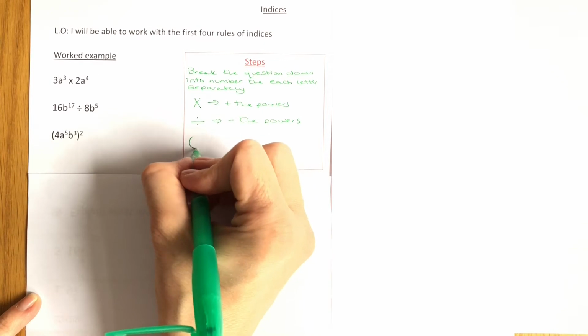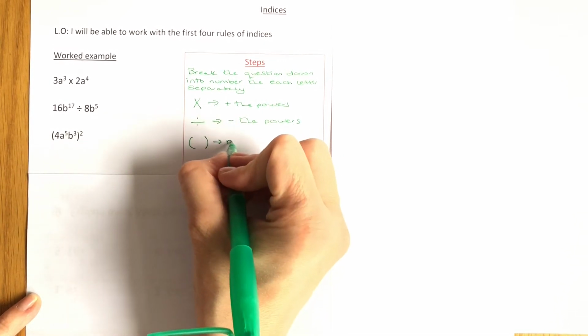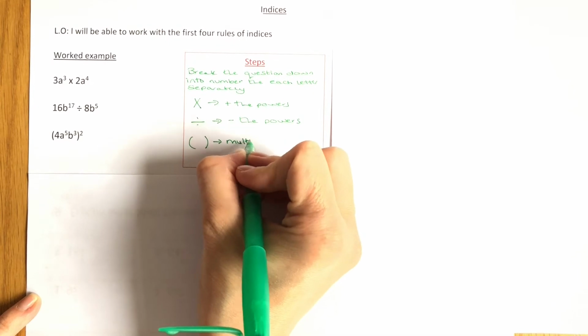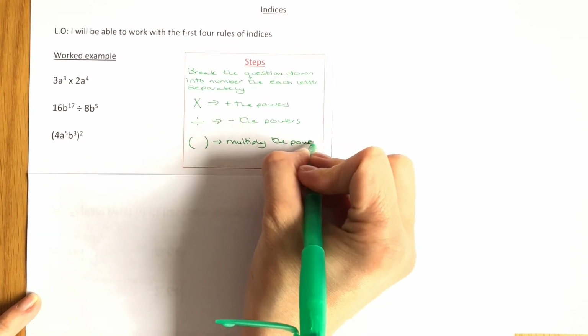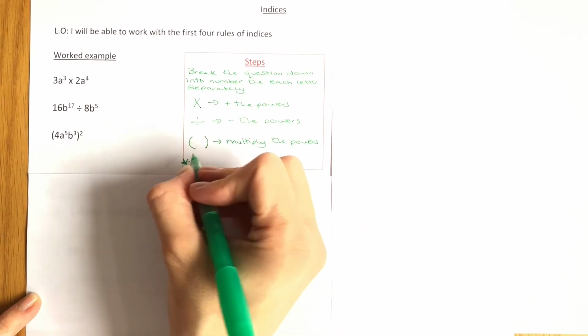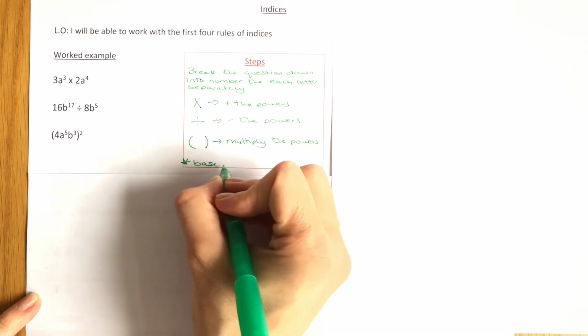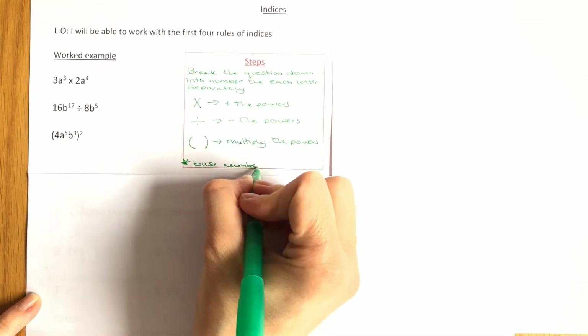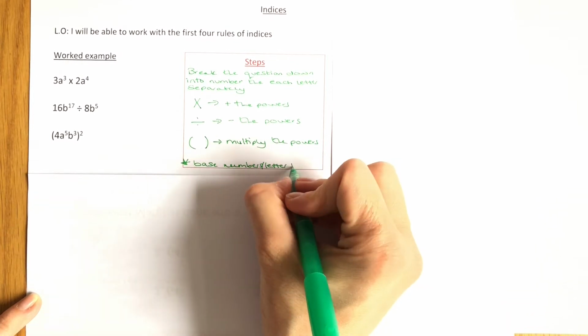And if you have the brackets, or a power raised to a power, you multiply the powers. And just what I said there, really important, the base, whether numbers or letters, whatever the base of the power is, has to be the same.